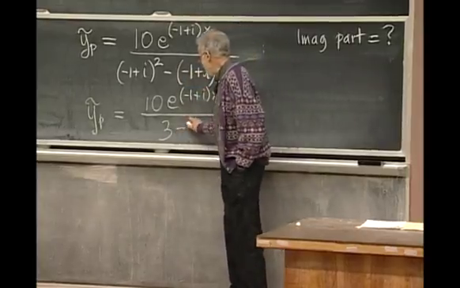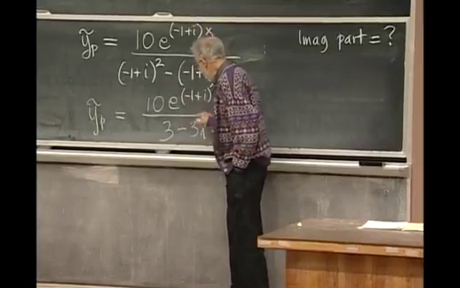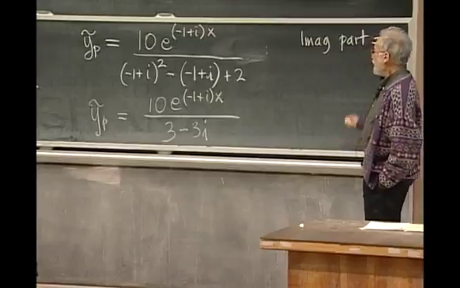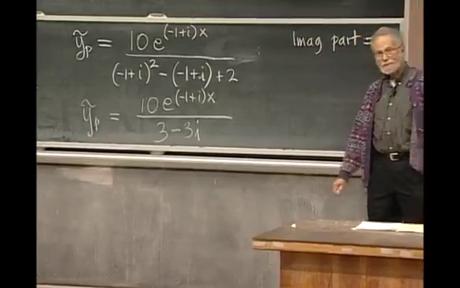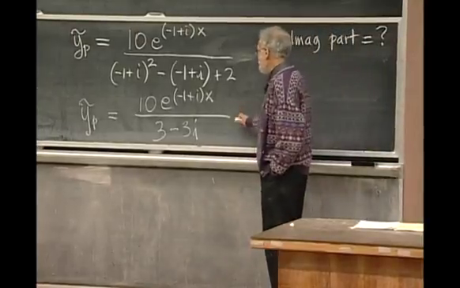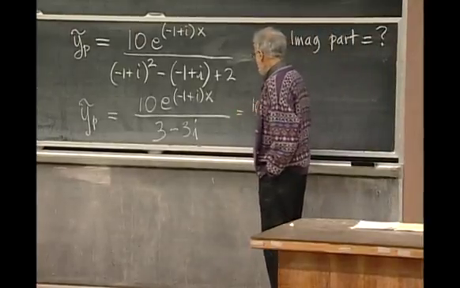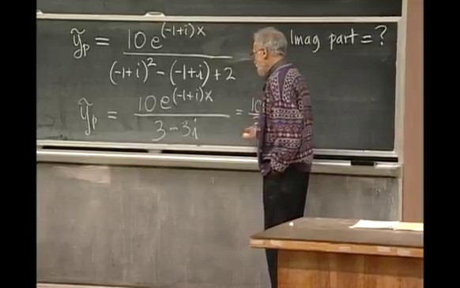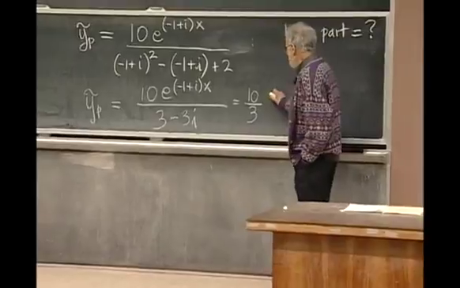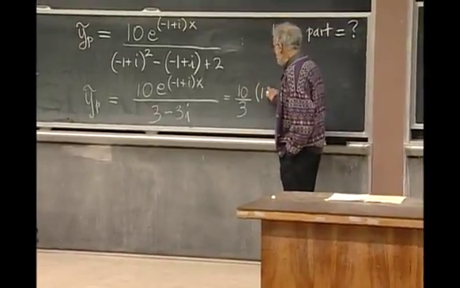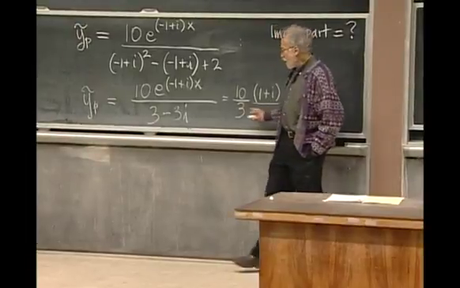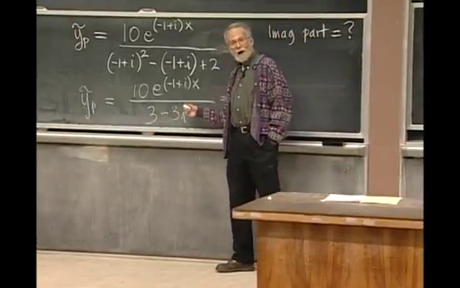Is that right? Minus 2i minus i is minus 3i. So it is 10 over 3. And now in the denominator I have 1 minus i. I'll put that in the numerator, make it 1 plus i, but I have to divide by the product of 1 minus i and its complex conjugate.